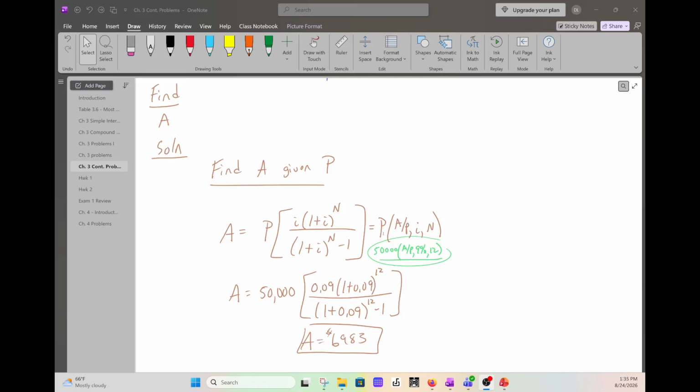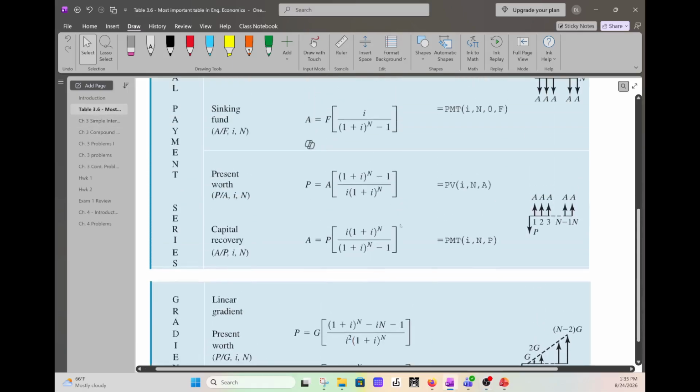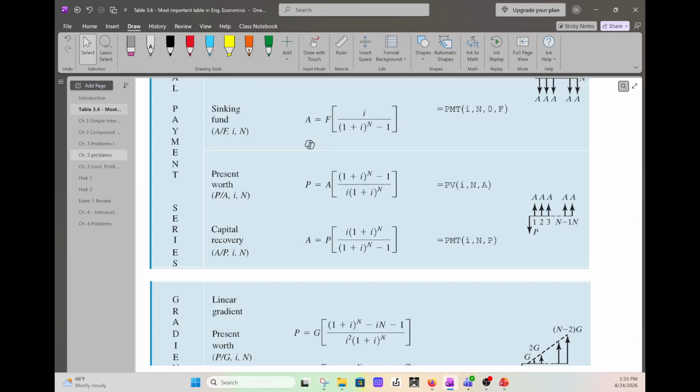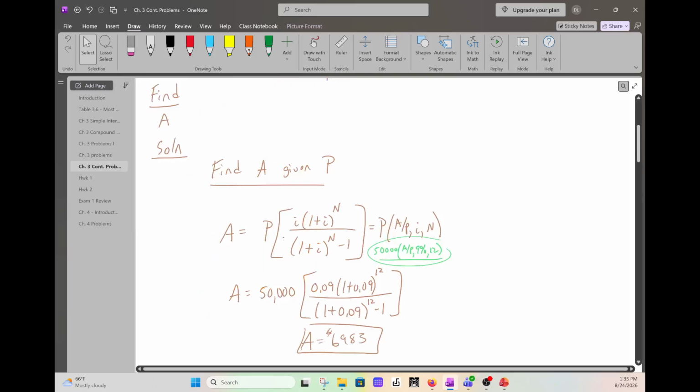It's A equals P, parenthesis, A over P, comma I, comma N. And then this is your fundamental equation, which is found in the appendix or Table 3.6, A given P. So 50,000 A over P, 9%, and 12.